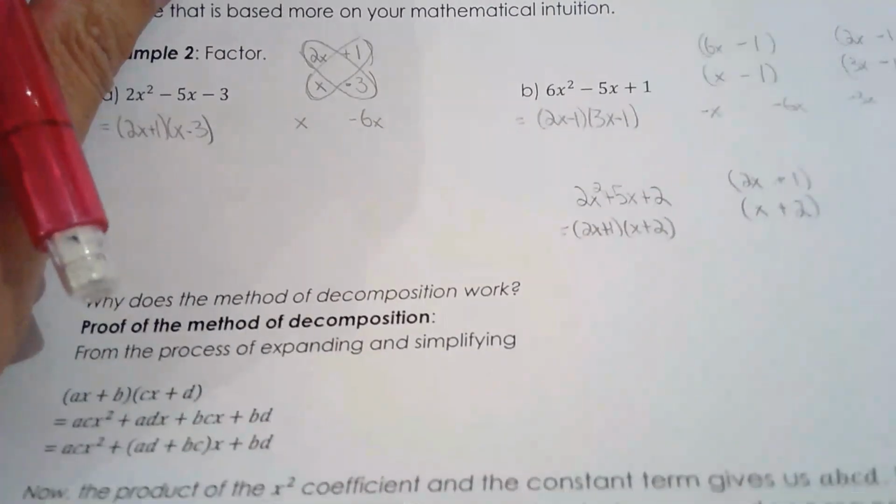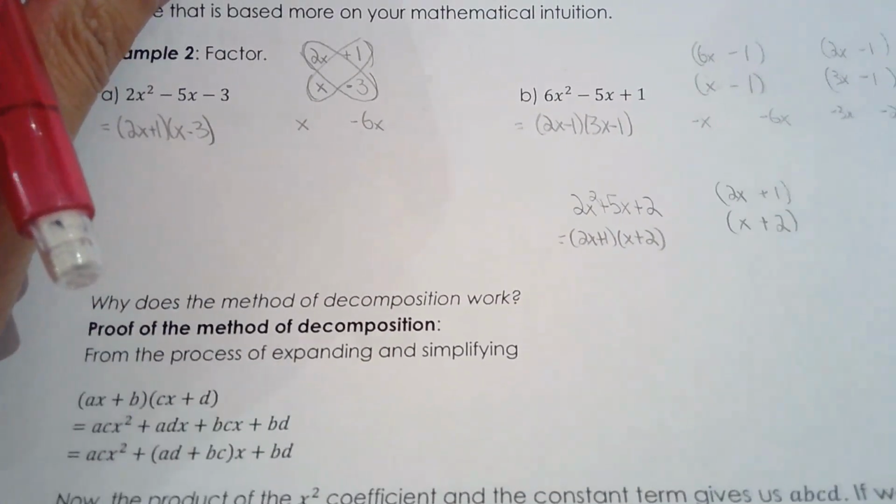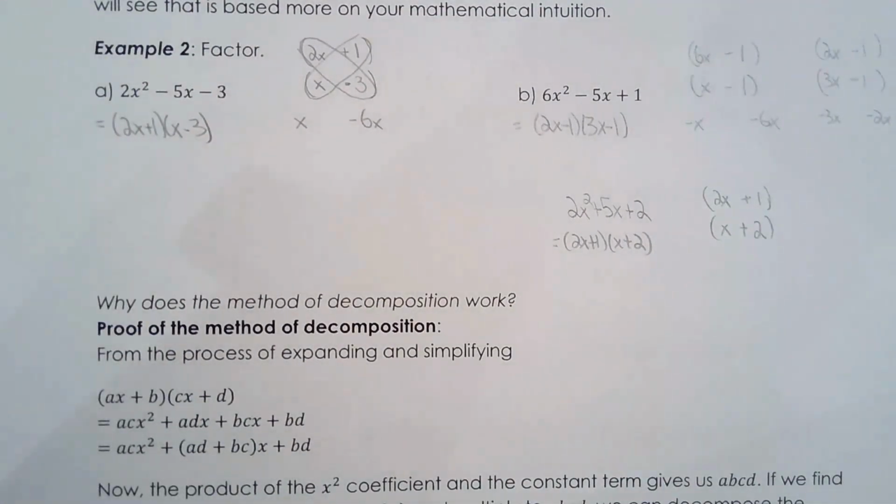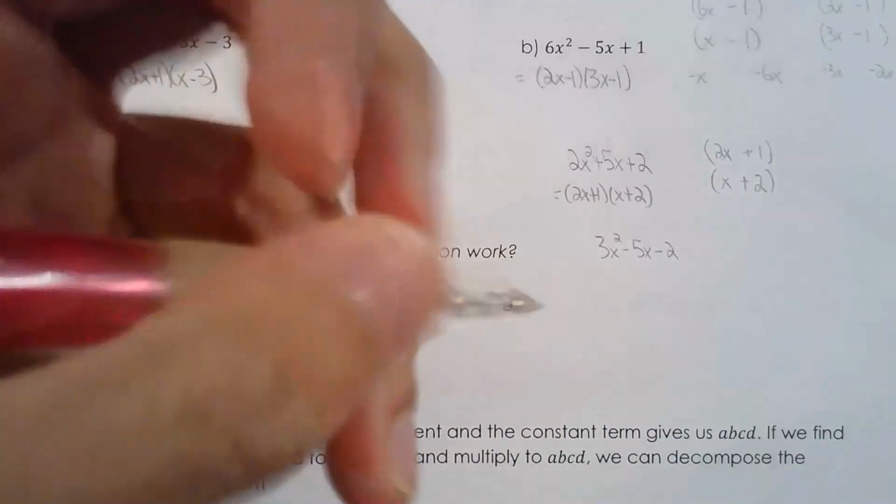Let's do 6x squared. We already did that one. Let's do the other example that we did on the first page. 3x squared minus 5x minus 2. So I'll show you how I factor these. In fact, I don't even draw the diagram, so I'll show you what I do. I know 3 is prime, so it has to be 3x and x. 2 is also prime, so where do I put the 2? Where do I put the 1?